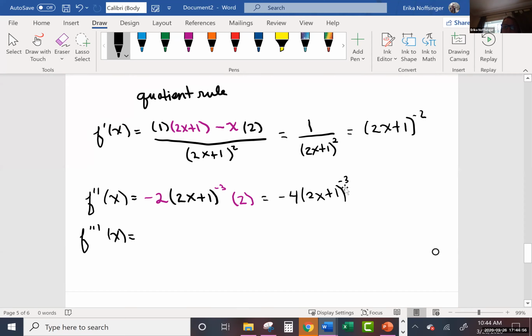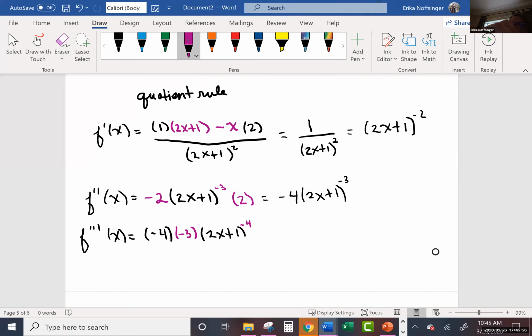So to take the third derivative, we're taking the derivative of the second derivative. The way it's written, we can still use that general power rule, the chain rule. So I have negative 4 times the power, negative 3, all times the inside, 2x plus 1 raised to, subtract 1 from our power, it's now negative 4.